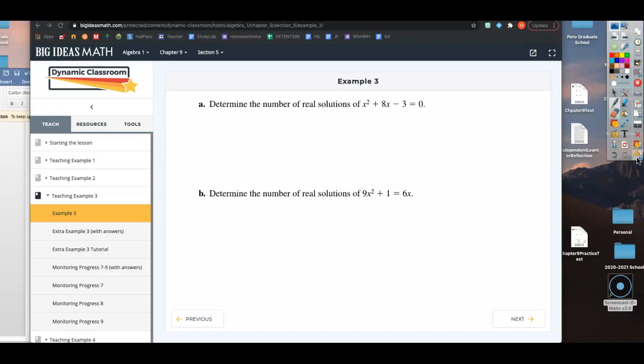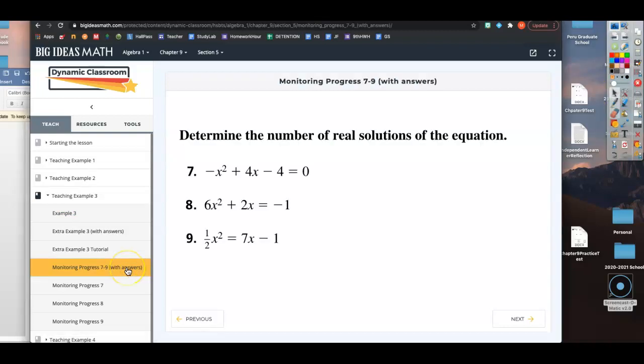Now, an example of when you would get no solutions would be like number 8. Again, I'm just asked to determine the number of real solutions, so I'm going to use b squared minus 4 times a times c.